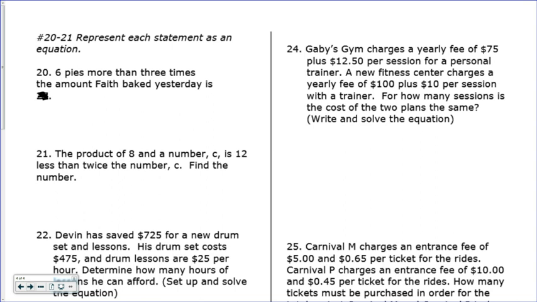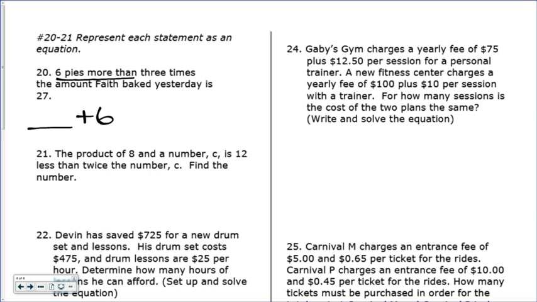Number 20 here says 6 pies more than 3 times the amount Faith baked yesterday is 27. So looking at your equation, you're just trying to represent a statement that would make that true. Okay, 6 pies more than, so more than tells you that you're needing to add to it. So we're going to add 6 pies to something, we just don't know what that is yet.